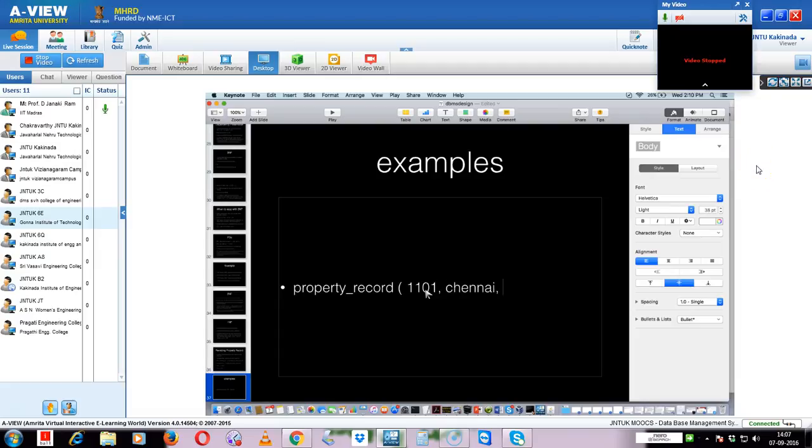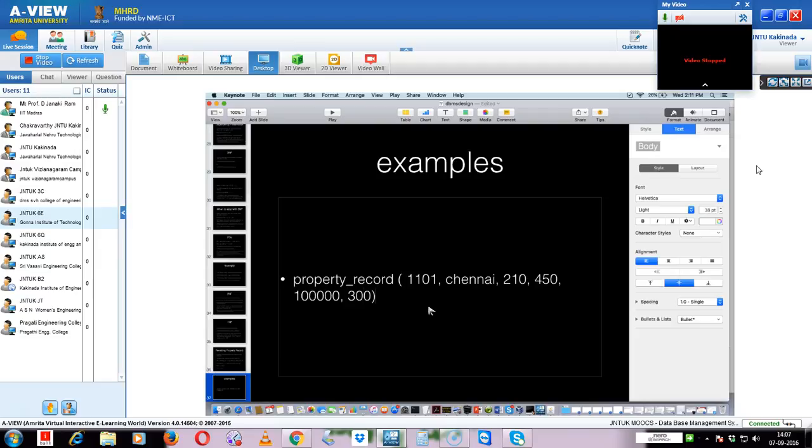City is Chennai, and the house number within Chennai is, let us say, 210. Area is, let us say, 450 square foot. Price is 1 lakh rupees, and the tax is, let us say, 300.